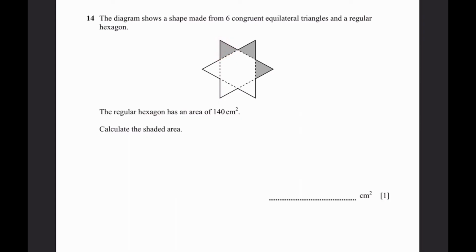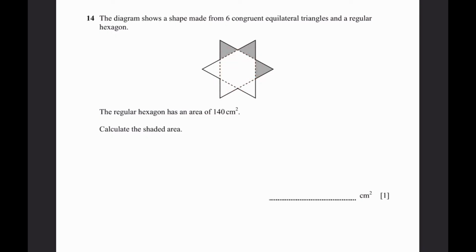So by definition, a regular hexagon is 6 times the area of an equilateral triangle with side length of that hexagon side. So if the side length here is x, that means this length will also be x there, x there. So it's basically 6 equilateral triangles with side length x. That forms the regular hexagon.